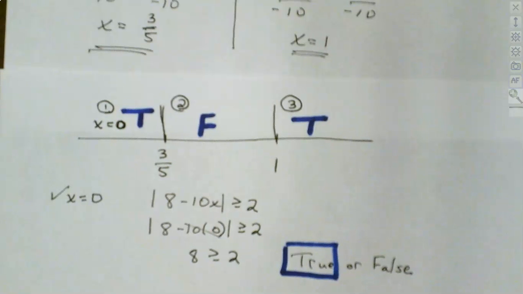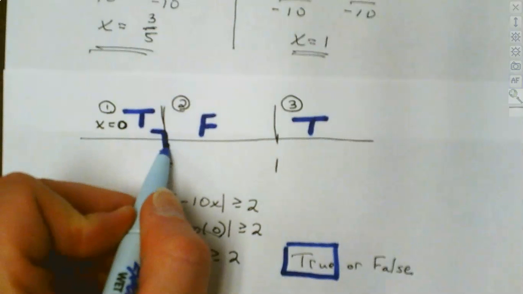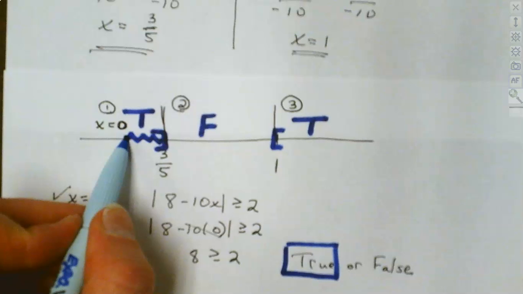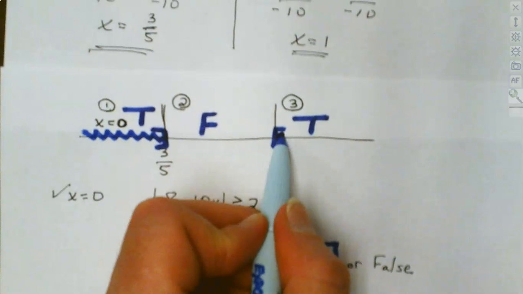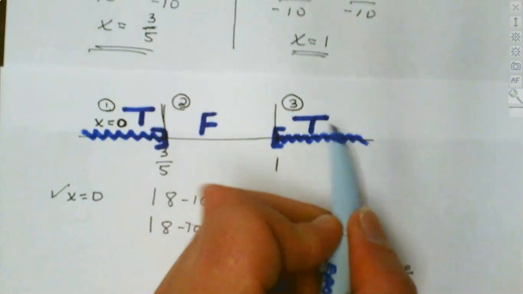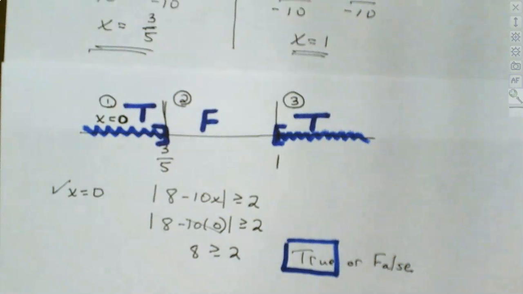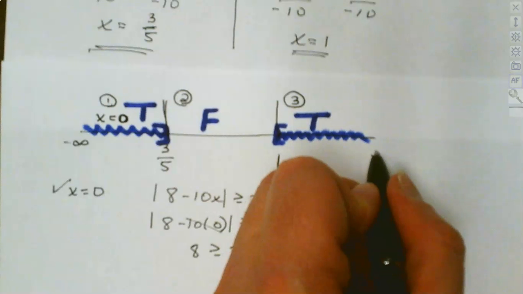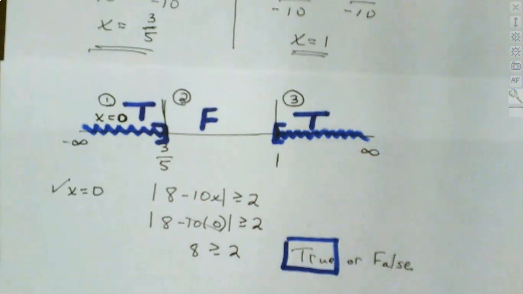Now, what do we know? These have square brackets, correct? So that's going to be here and here. We shade our true regions, which are now on the ends. So this is negative infinity, and this is positive infinity.